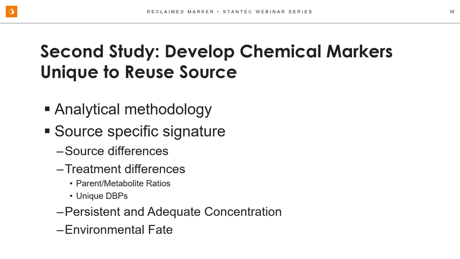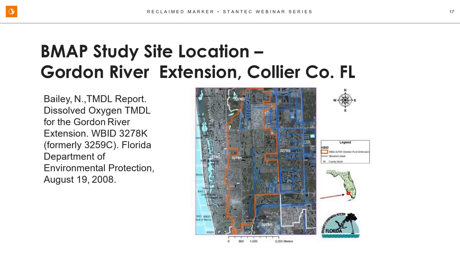The source difference would be maybe only just a contrast media or something that is not really in common use in the home. And obviously, whatever we did find would have to be persistent and at adequate concentration, and we would have to understand its environmental fate if it wasn't inert as it traveled in the environment.